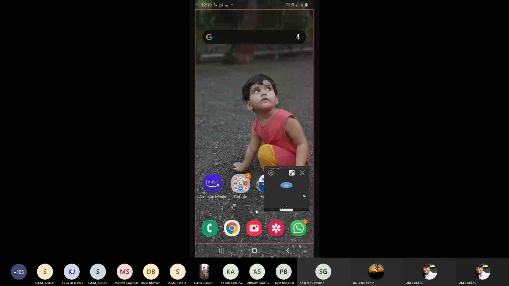Are you able to see my mobile screen? Yes, sir. Okay. So from the mobile it is possible to share the screen, but from the computer it is difficult today. There might be a problem with the network, not my Teams login.